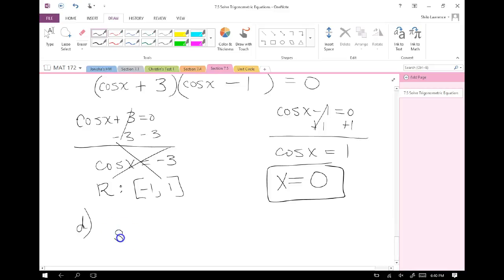So we're going to do sine squared theta minus two sine theta plus 1 equals 0.